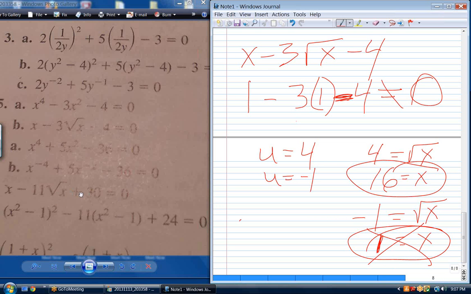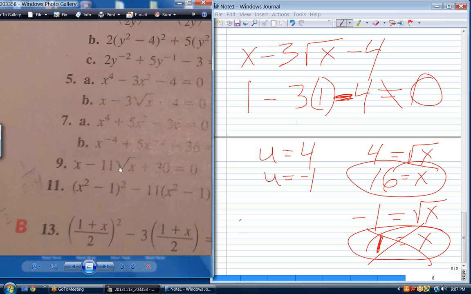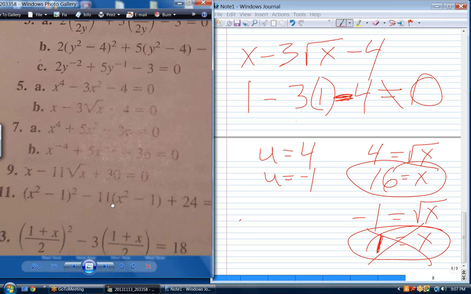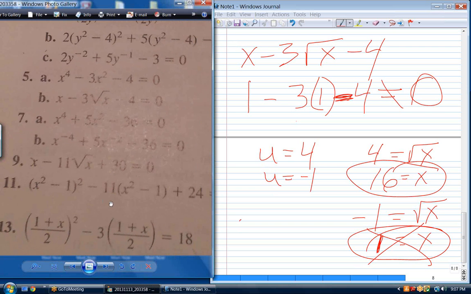Be careful on 9a. It's going to be the same thing. There's a radical sign there. In other words, wherever you see a radical, make sure you check your solutions. Or when you get into absolute values and you're solving absolute values, check your solutions.